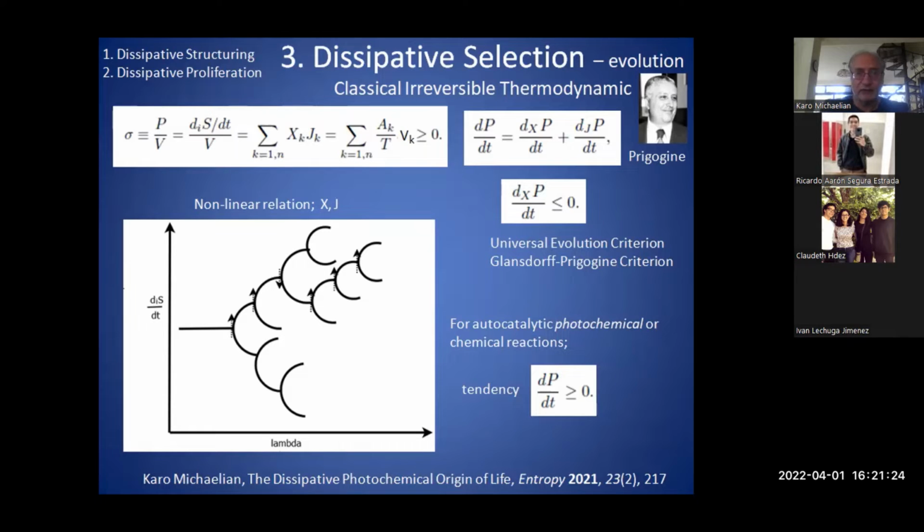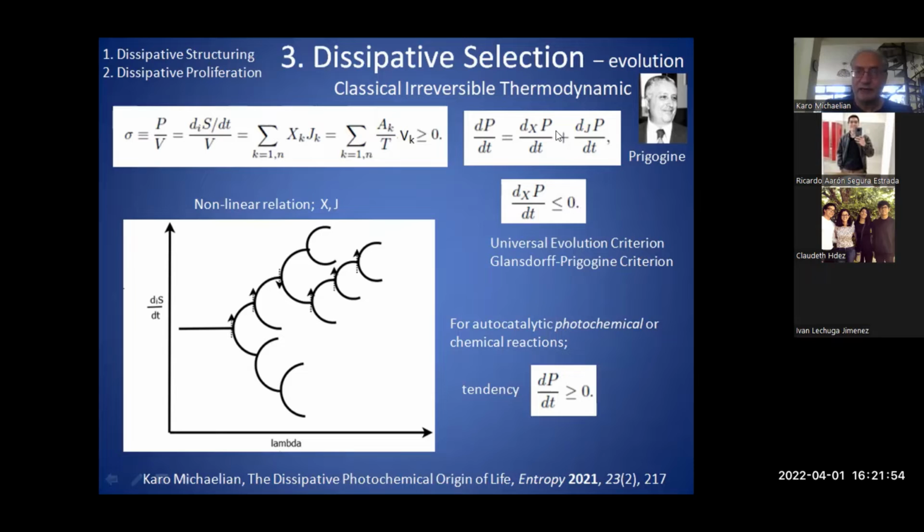And in the case of the chemical reactions, fixed forces are the net affinities in the environment and inside the system. So in the case of the free forces, the variation of the entropy production in time due to changes in the free forces has to be negative definite. That's known as the universal evolutionary criterion, or sometimes called the Glansdorff-Prigogine criterion.